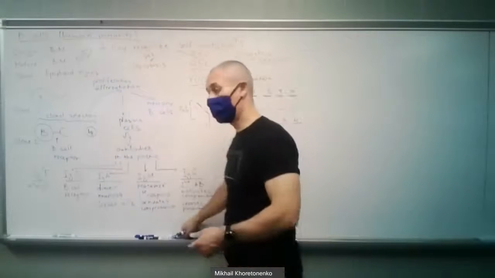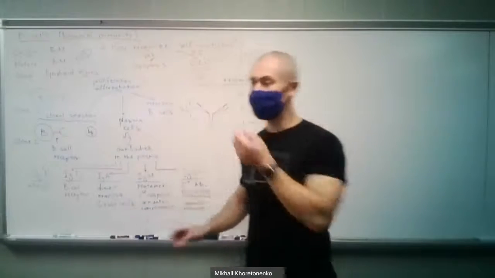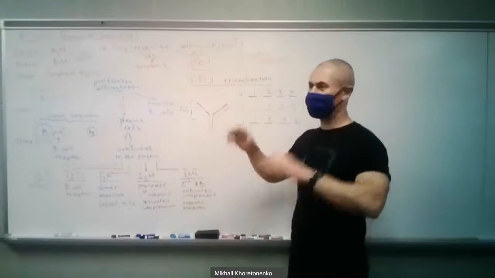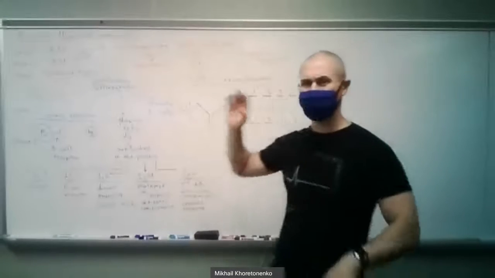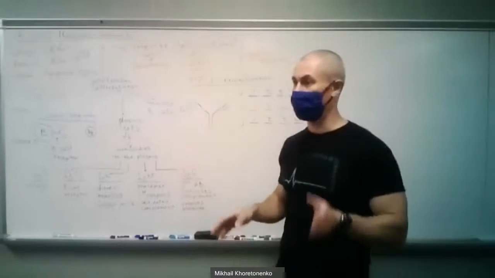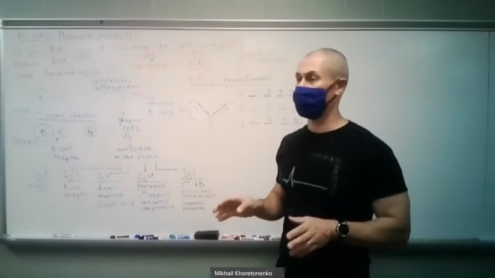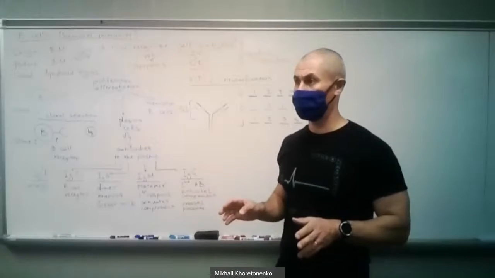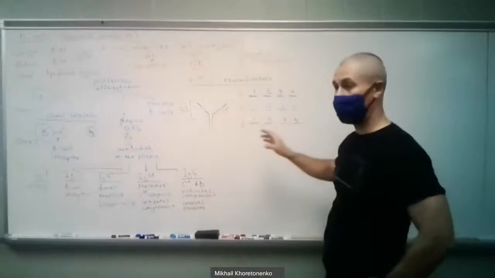Now, in the lecture notes, I give some numbers, like 40-something V fragments, 12-something D fragments, whatnot. You don't need to memorize those numbers, God forbid. Look at what we have here.